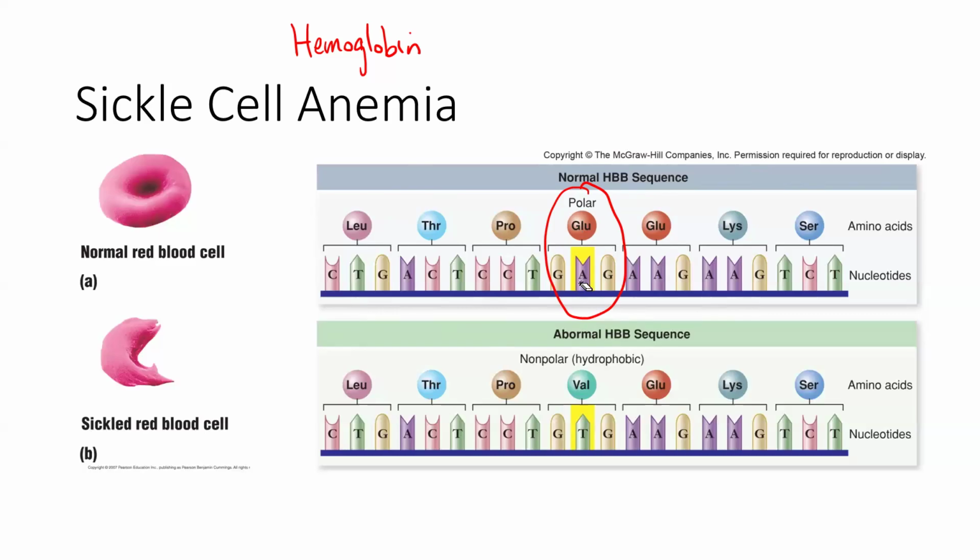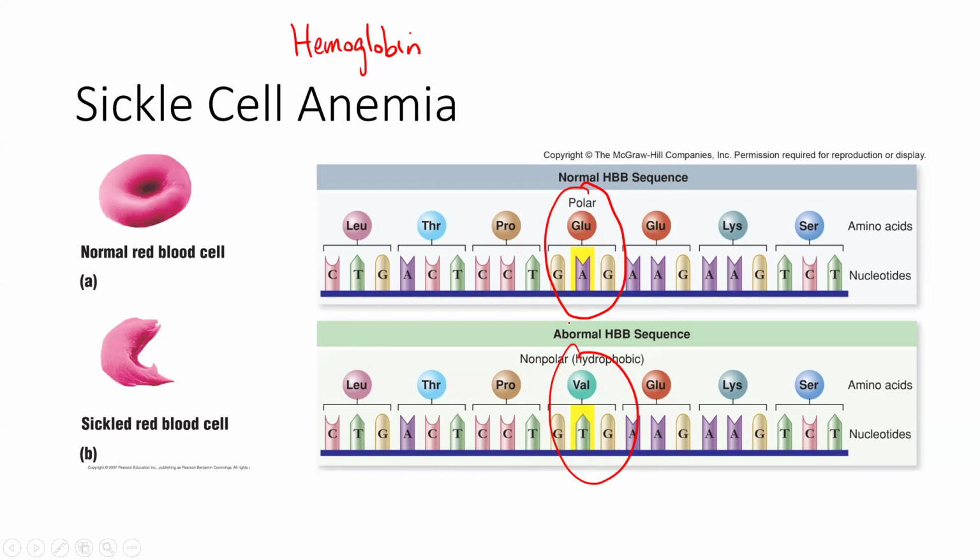Then there is a missense mutation that causes it to go from GAG to GTG. Remember, this is DNA, and it's the coding sequence in this case. So GTG, if you do the transcription, it's going to become GUG, right? So if you look it up, it's going to be valine.